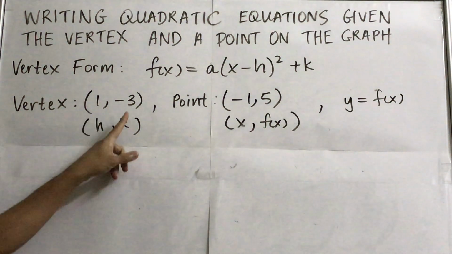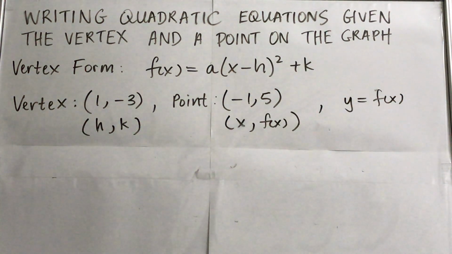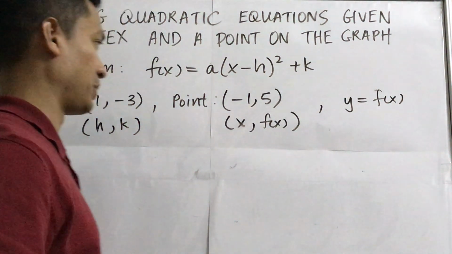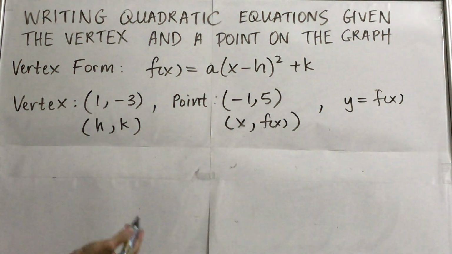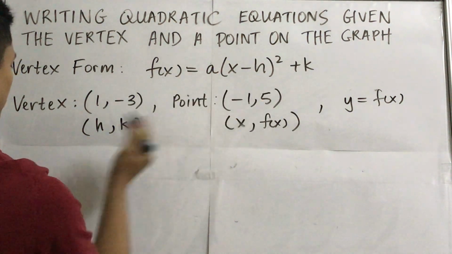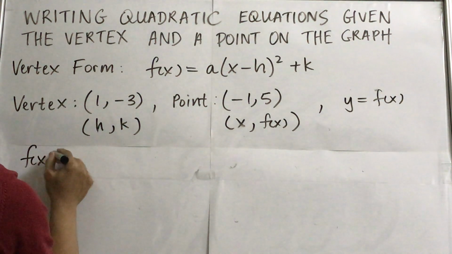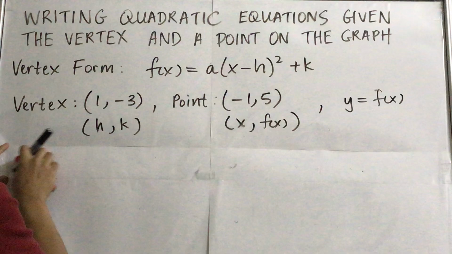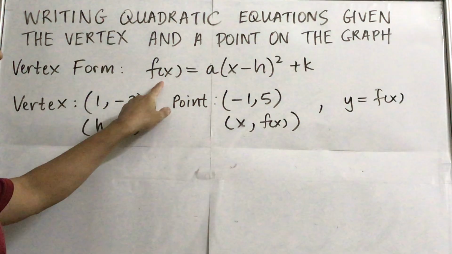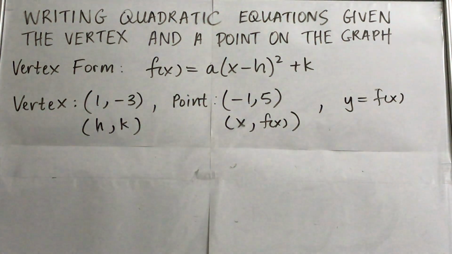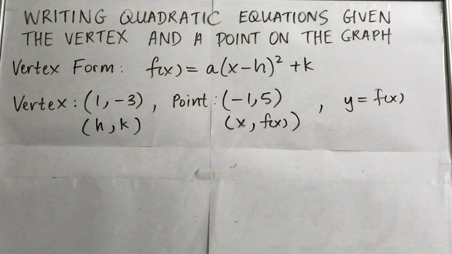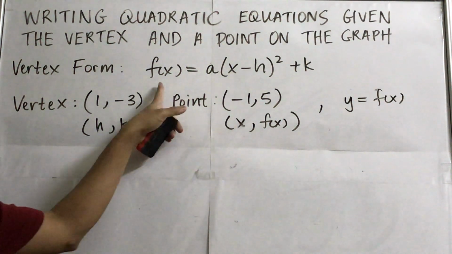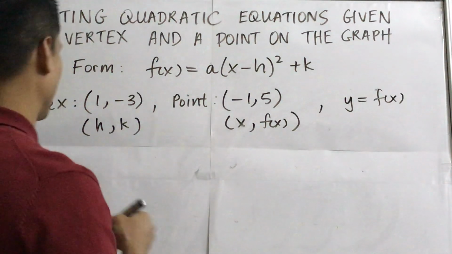Now that we've identified the points and the values, it should make it easier for us to substitute them. Okay, now, how do we substitute them? Let's do this together. Let's take your equation. First of all, I'm going to begin substituting here. What is the value of f of x? The value of f of x is 5.